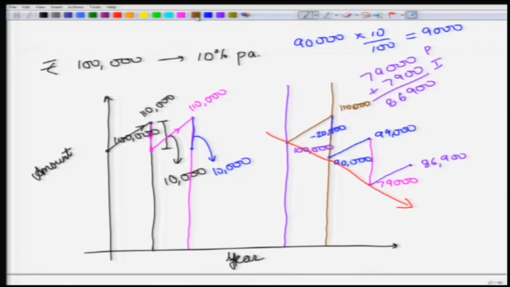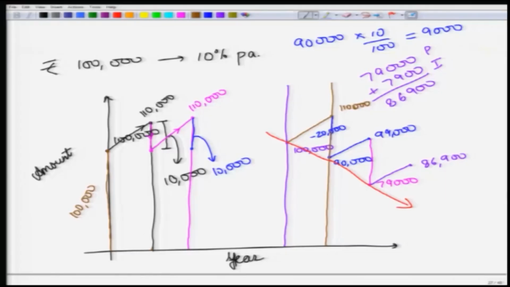Now, the second meaning is what is the amount that you have in your bank. So, if we ask the question at this point of time, the amount that you have in the bank is 100,000 rupees. So, if you were to clear cut the forest, if you were to extract all the amount that was there in your bank account, what would it be?